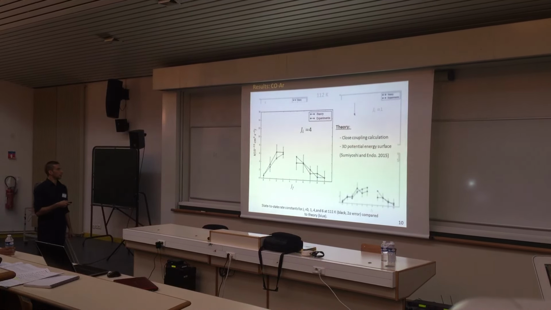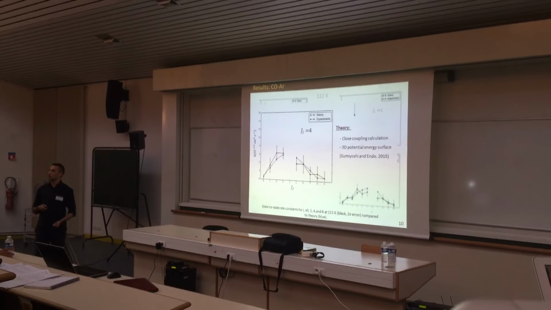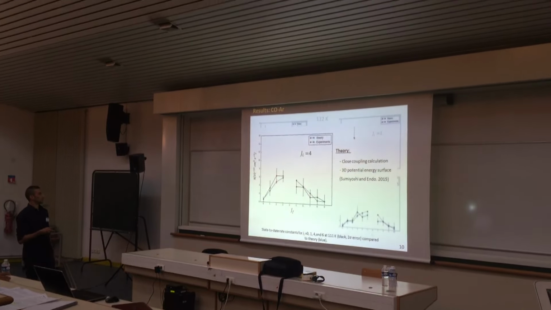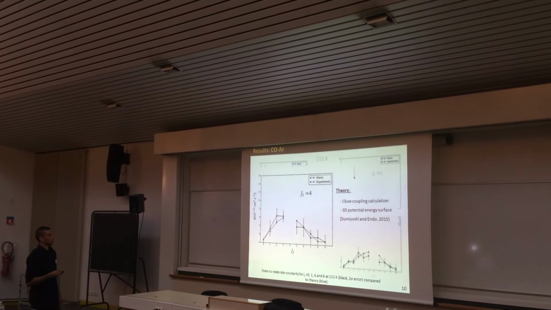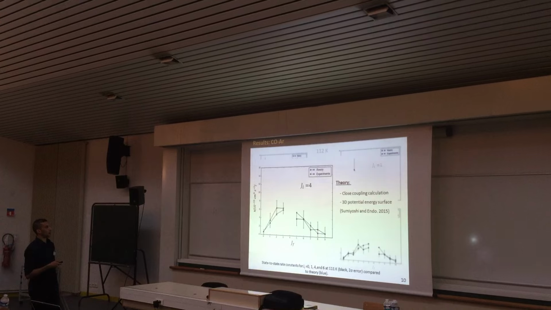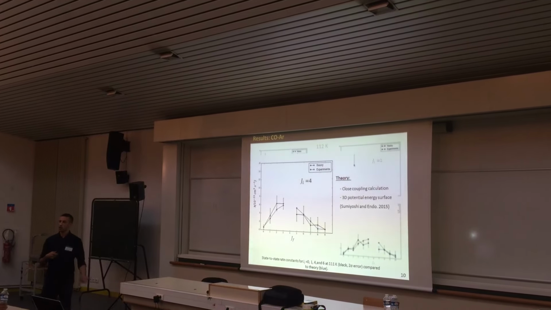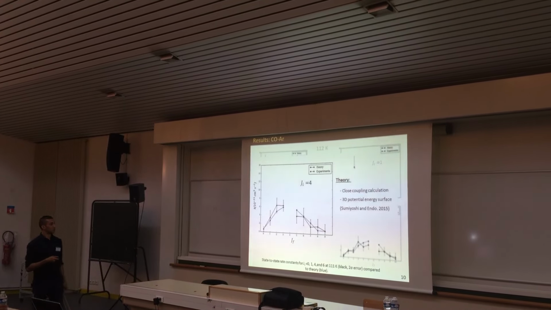In black are the experimental state-to-state rate coefficients given with 2 sigma errors, and in blue are the theoretical state-to-state rate coefficients, obtained by close-coupling calculations using a new 3-dimensional potential energy surface.